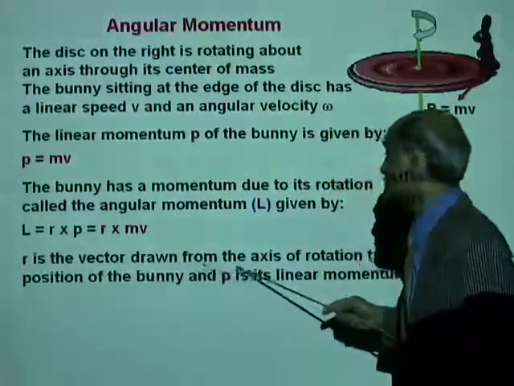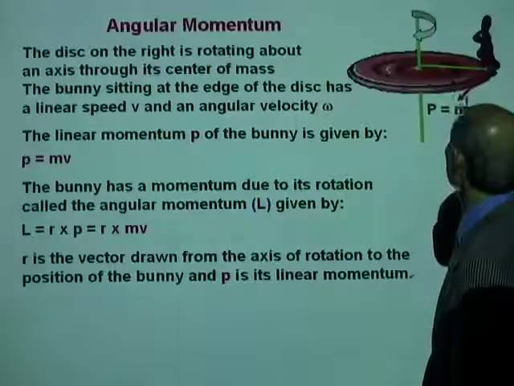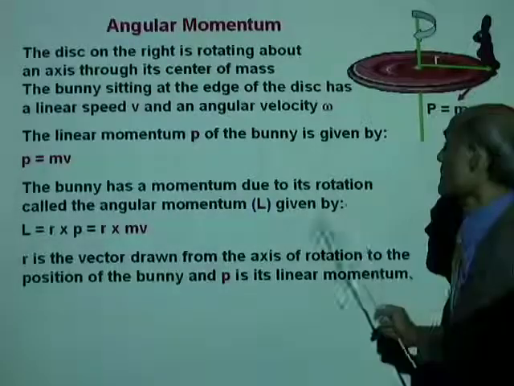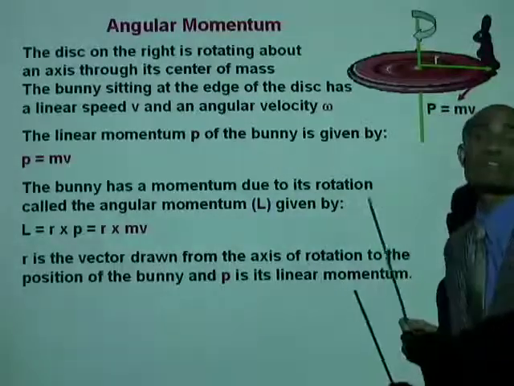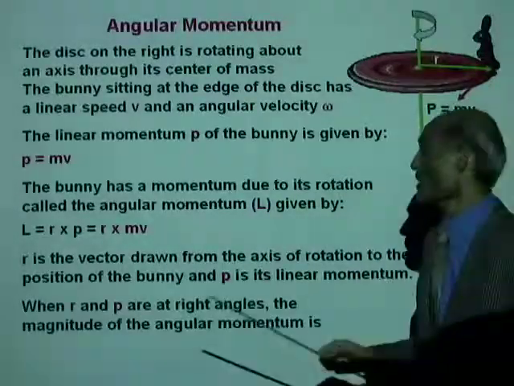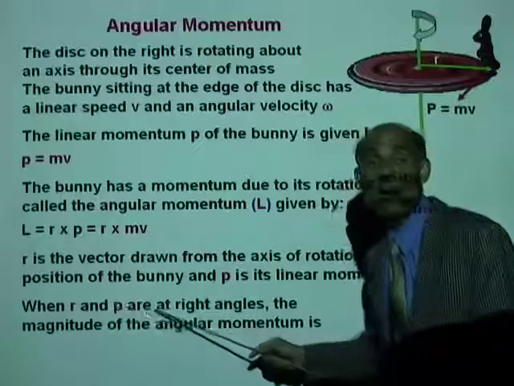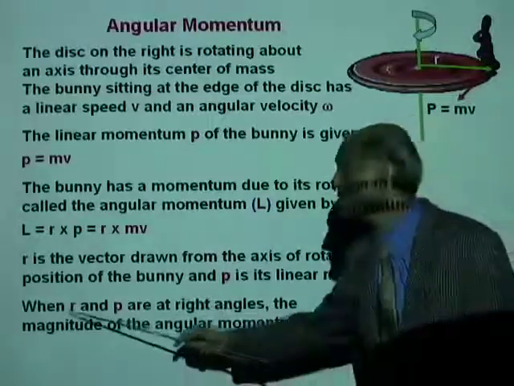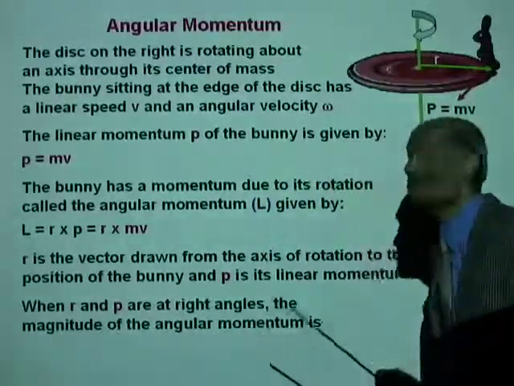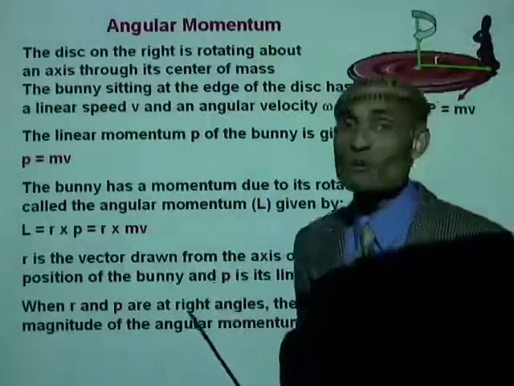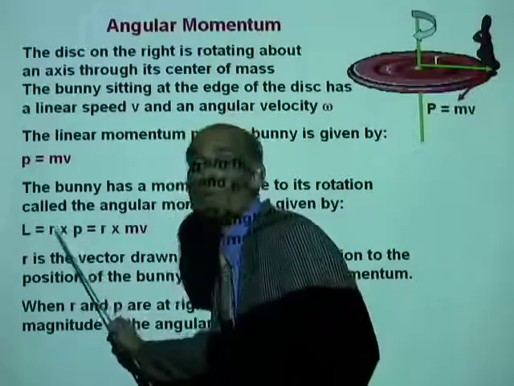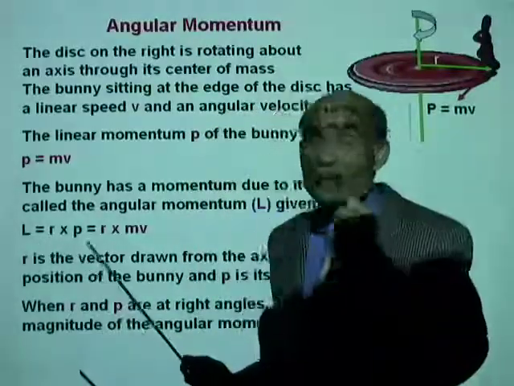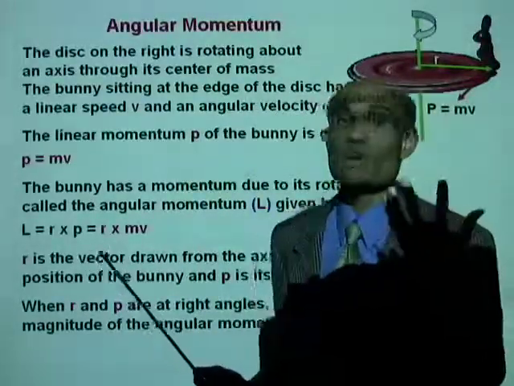r is the vector drawn from the axis of rotation, and p is the linear momentum. Now remember, angular momentum is a vector quantity. It is given by the cross product of r and p. It has a direction.